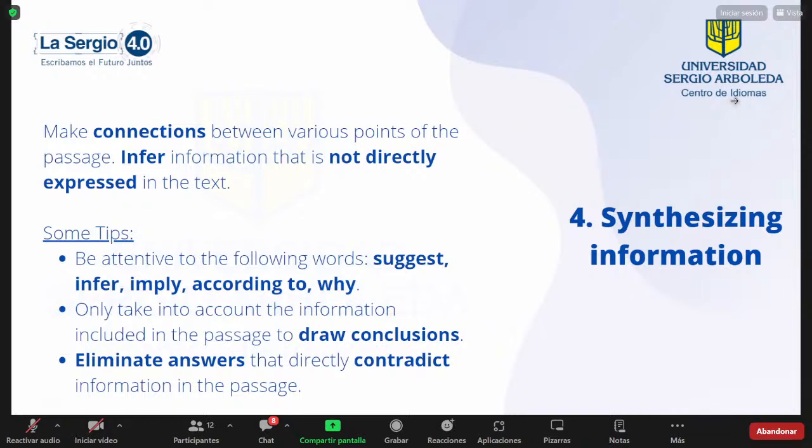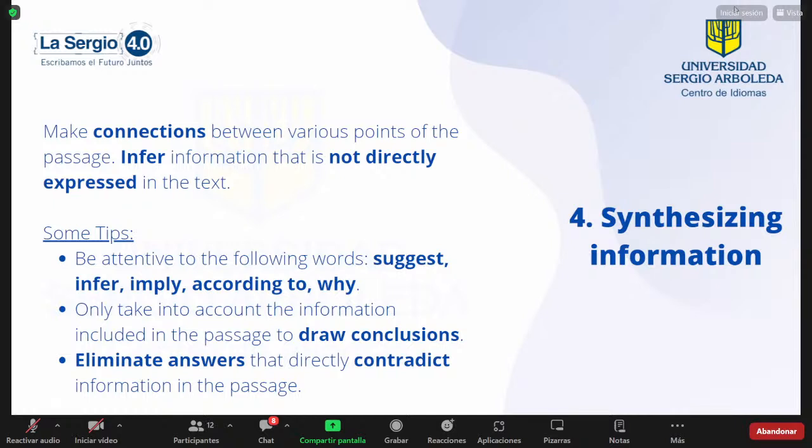One is synthesizing information. Okay, in this one, who wants to read to practice pronunciation? Paola, do you want to read? Okay, teacher, I tried. Make connections between various points of the passage. Infer information that is not directly expressed in the text. Some tips.